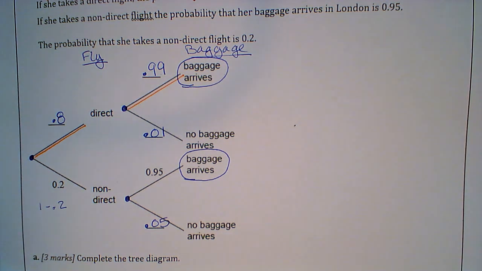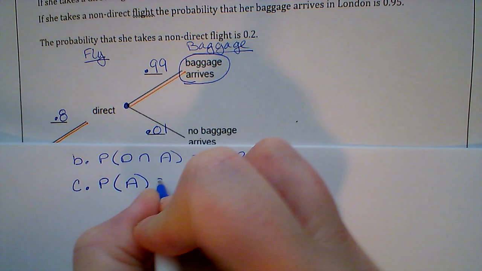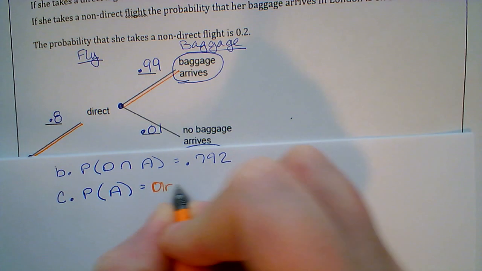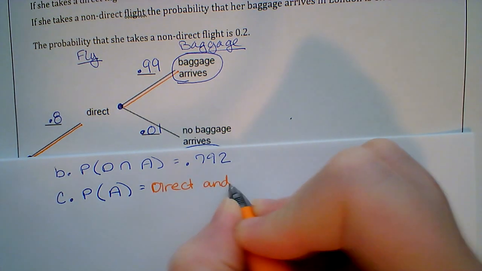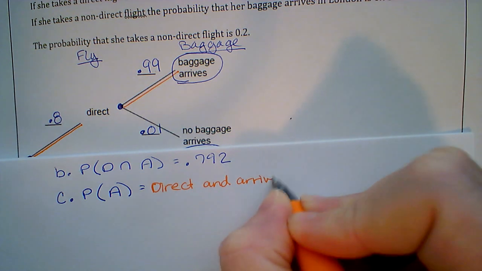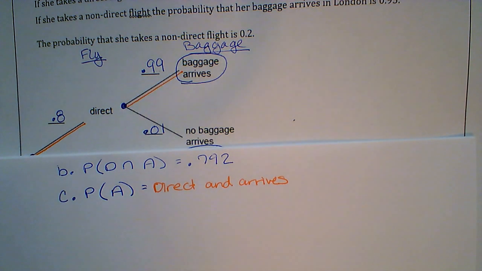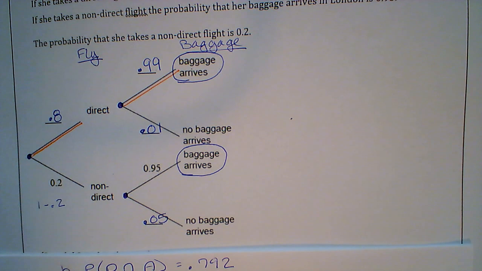What that means is I could have a direct flight and my baggage arrives. That is one way that Sarah's baggage could arrive: Sarah could take a direct flight and her baggage could arrive.